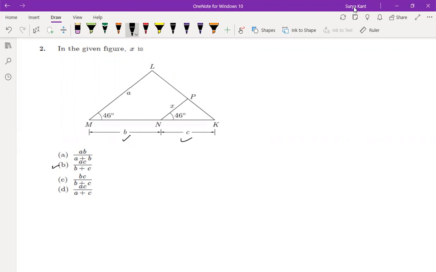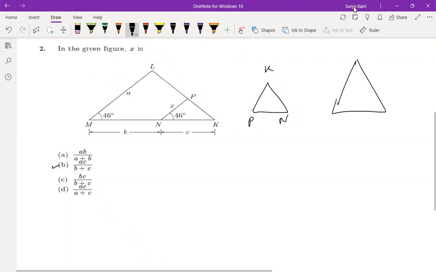Here K is common in triangle KPN and triangle KLM. Okay, this triangle you're doing, and then it's the big triangle, right? I'm drawing the diagram for this question right now. One is KPN, right? And one you are saying KLM, correct?